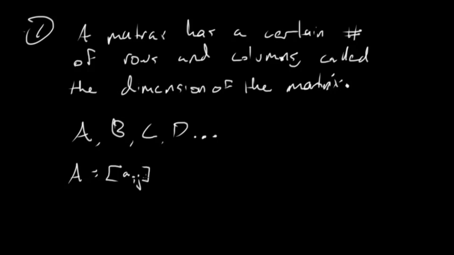We call this double subscript notation. And it can be used to define a matrix as such: a with subscript ij is the element in the ith row and the jth column.